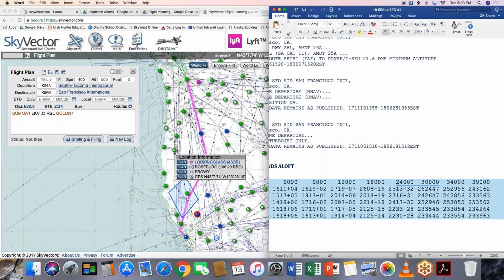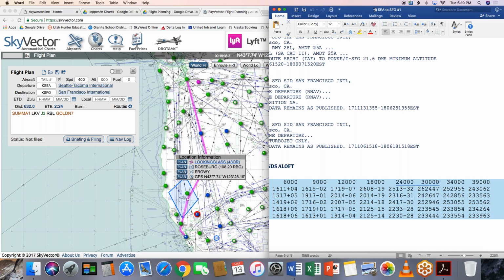We are capable of 40,000 feet, but does that mean we are going to fly at 40,000 feet? You guys remember my acronym, NEODSWEV: northeast equals odd altitudes, and southwest equals even.